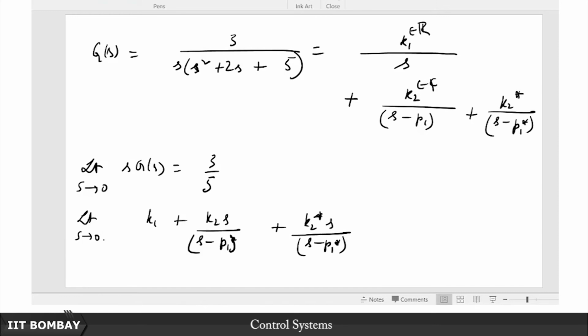So now if I let s tend to 0 here, I will be only left with k1 is equal to k1. So basically I have already solved this, so I have got already k1 is equal to 3/5.